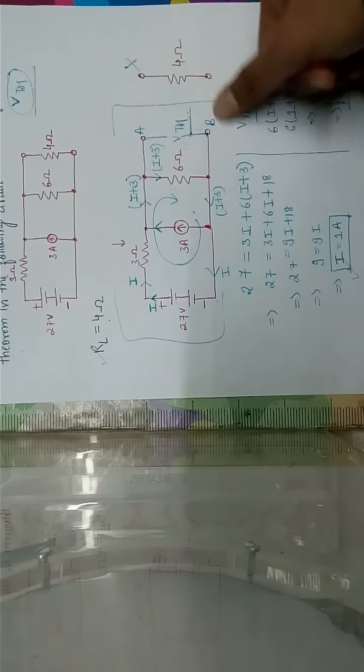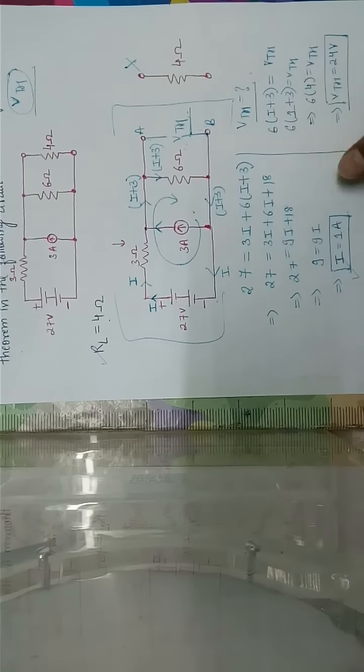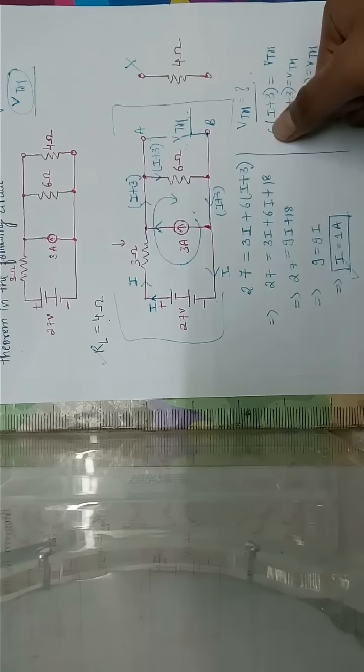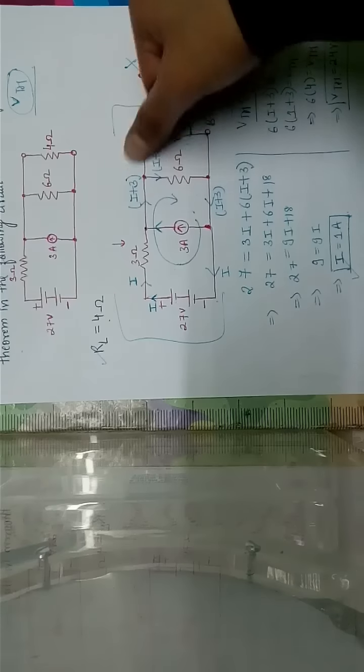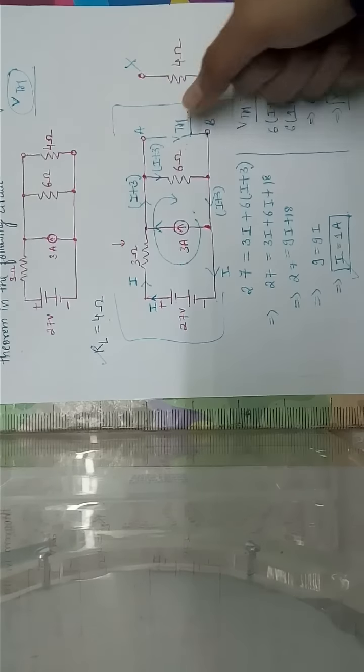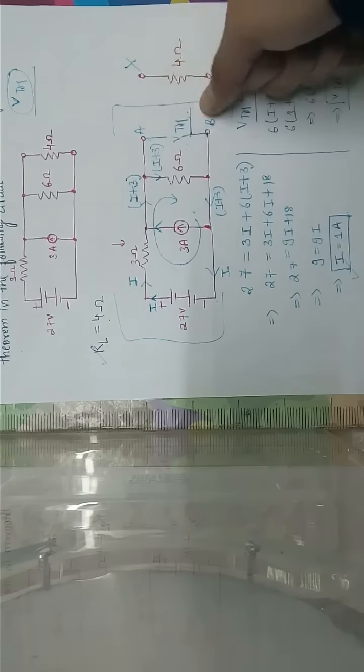Next aim was to find VTH. While finding VTH, we had seen that 6I plus 3 is equal to VTH. This was again found by applying a loop over here, 6 into I plus 3 is equal to VTH. Now we have put the value of I, so it's 6 into 4, that's 24 volts. That's the required voltage, that's VTH.